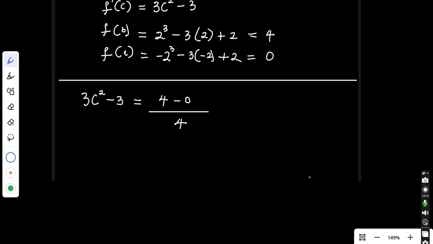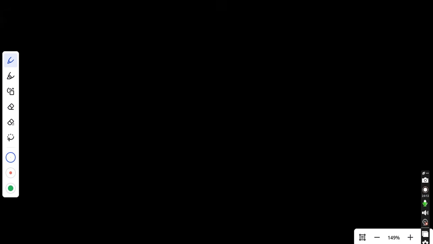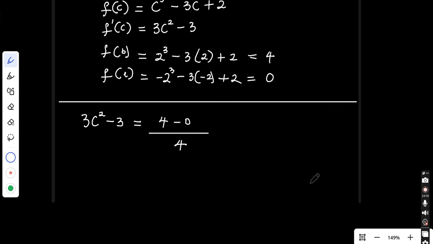Let's take this step by step. So we're going to have that 3c squared minus 3 is going to be equal to 1. 4 divided by 4, that is going to be 1.